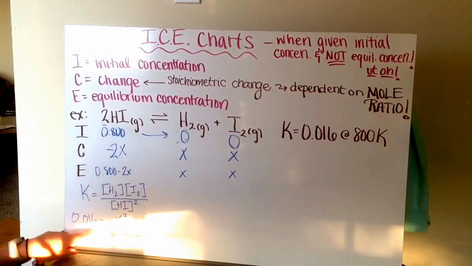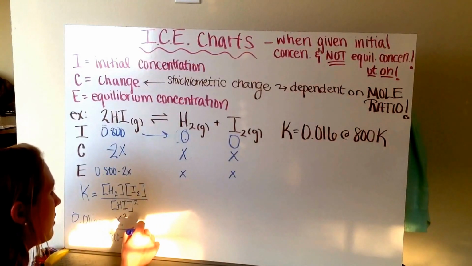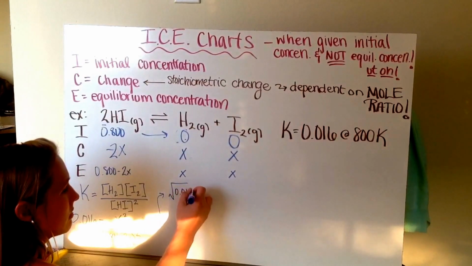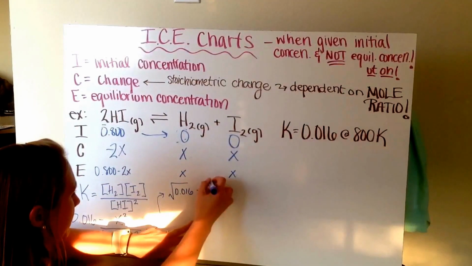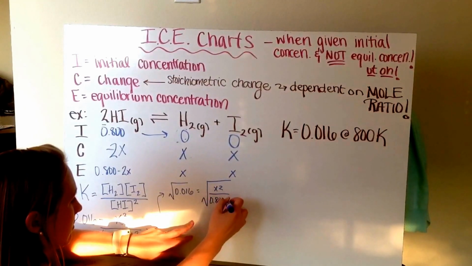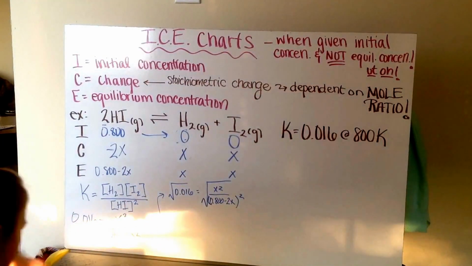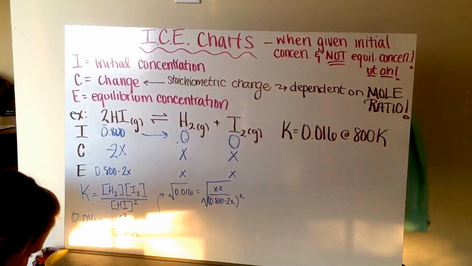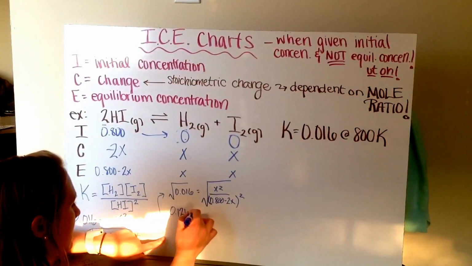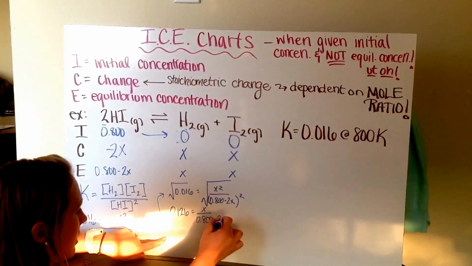That allows me to take the square root of both sides to get rid of my squares. So I'm going to take the square root of my first value, and the square root of X squared over the denominator, and when I plug that into my calculator, I get 0.126 is equal to X over 0.800 minus 2X.